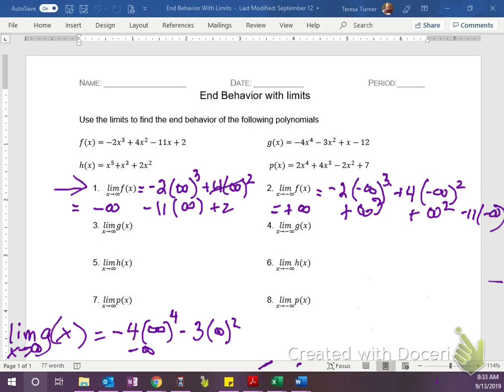So the negative 3 times that is even way more negative infinity. Then we're going to add positive infinity, but adding 1 positive infinity when we've got negative infinity to the 4th and squared and multiplied and everything else, this is negligible.